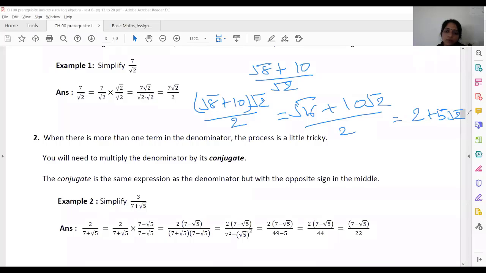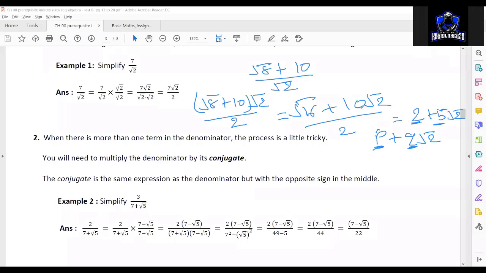Dear students, if you have asked to convert root 8 plus 10 upon root 2 into the form of p plus q root 2, then your p is 2, right? And your q is 5. So this is your answer.